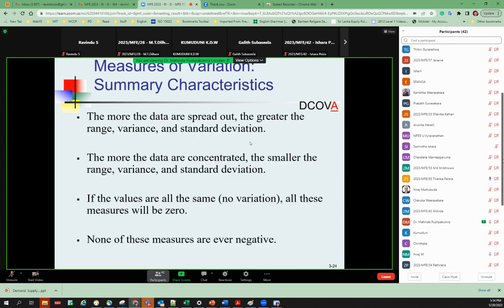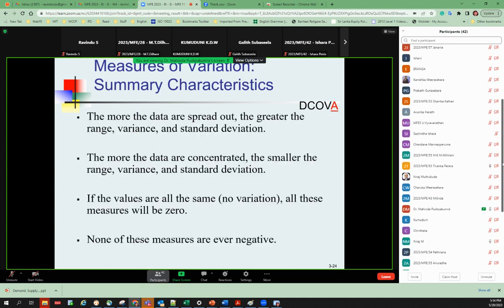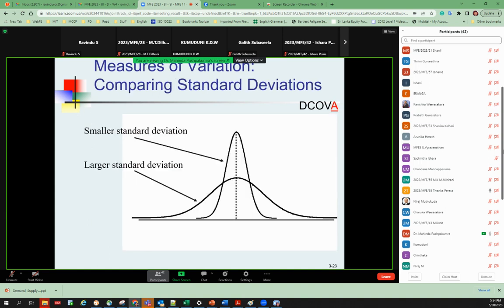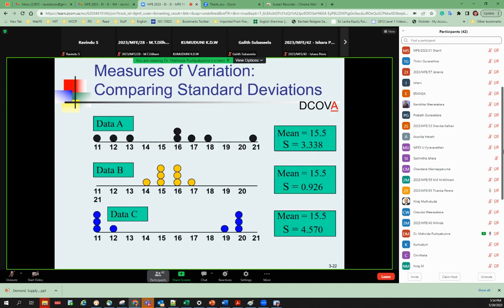So for an individual data set, can we interpret the standard deviation? For example, in your previous data set it is about 4.5. Can we say that if the mean is 15.5, then on average the deviation is 4.5? Yes.